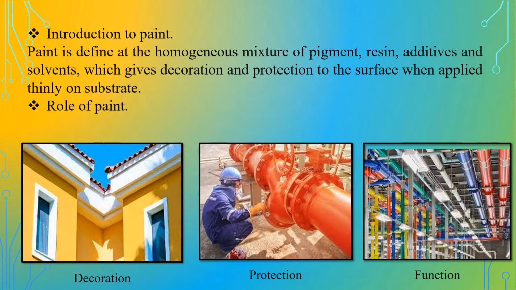So to avoid the formation of corrosion and deterioration of the metal, because when the material gets corroded, it will lose its strength and mechanical stability. So the shape may change, and particularly it hampers the look of the objects.